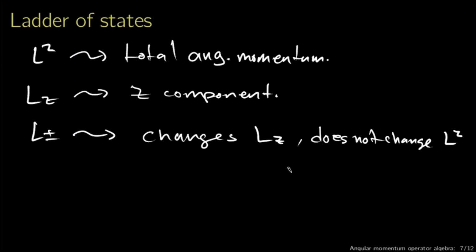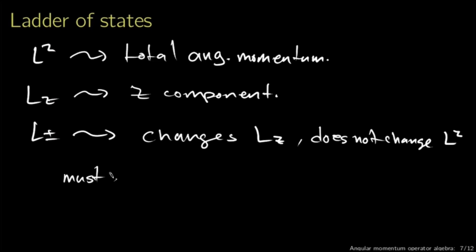What this means is that if I apply L plus to an eigenstate of Lz, I'll get another eigenstate with an increased Lz. If I keep applying L plus over and over again, I'll keep increasing my Lz component. I can't possibly ever have an Lz component that's greater than the total angular momentum, though, which means we have to have a top.